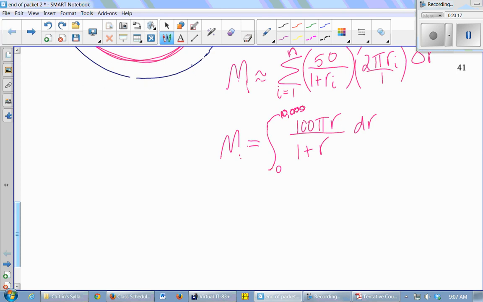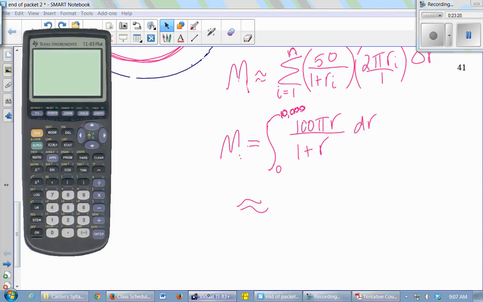Okay, so doing this particular integral by hand, I don't really want to. So I'm just going to have my calculator do it. I hit math 9, put in my function, 100 pi x, I should maybe have parentheses around that, divided by 1 plus x, comma x, comma 0, comma 10,000.